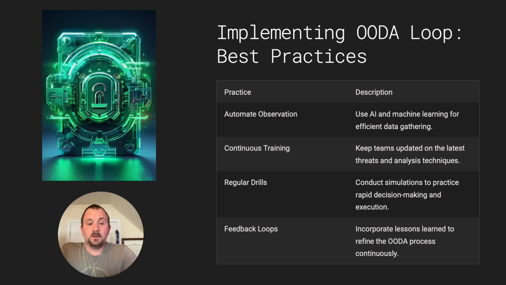This could be formal training, such as going to a conference or a training class off-site. This could be through capture the flag events or adversary simulation, which leads us into conducting regular drills, which allows us to practice rapid decision-making and execution under simulated conditions.